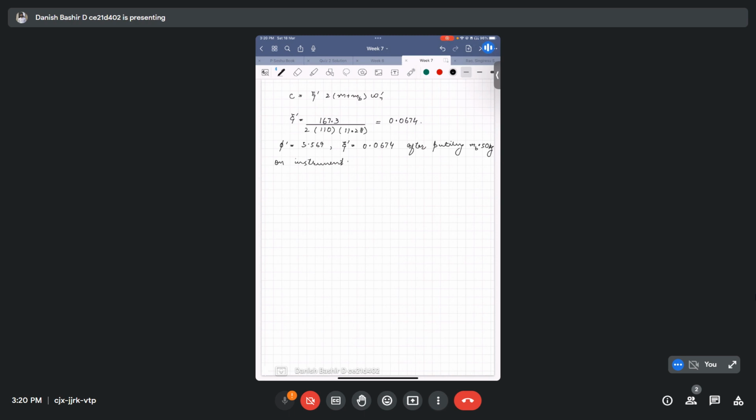So we will check with these parameters what the transmissibility is, and whether it is below the tolerance level or not. If it is not, then we have to do one more trial.